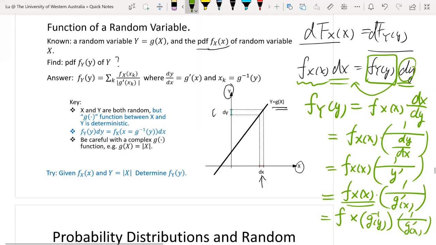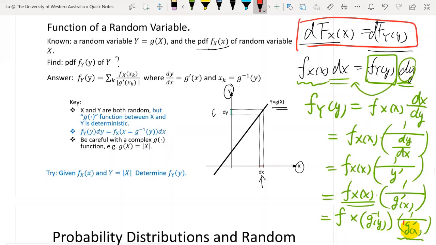Okay, and there's one more thing we need to notice. Regarding the sign of this derivative, the derivative of the g(x) function could give you a negative sign. It is decreasing. But because we are actually calculating the equality of the probabilities, we do not consider the negative sign.